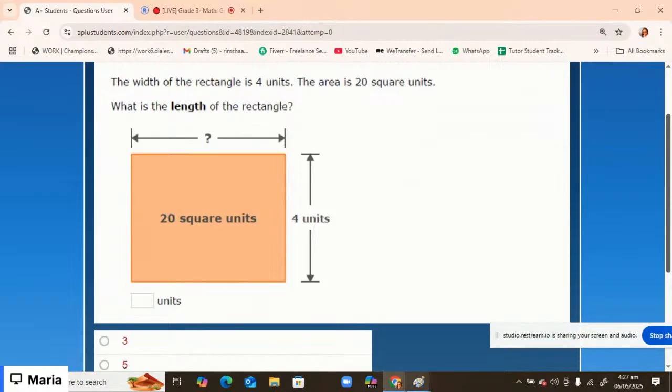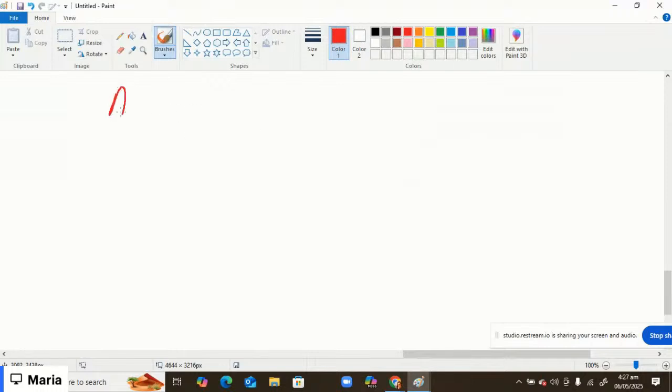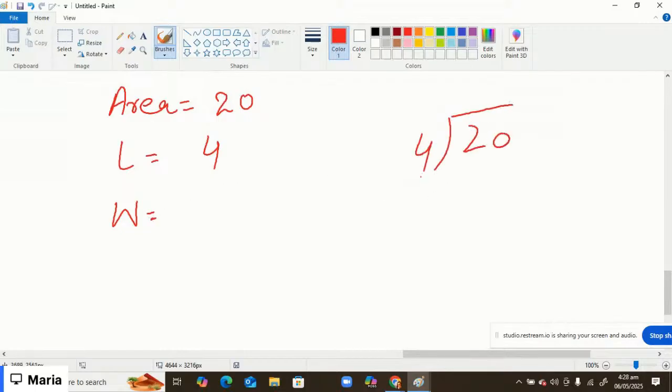Area is given now, 20. Length is given, which is 4. Find width. So 20 divided by 4. 4 times which number is 20?